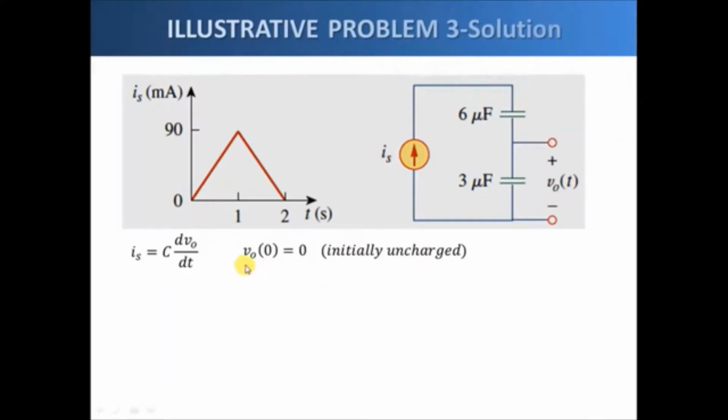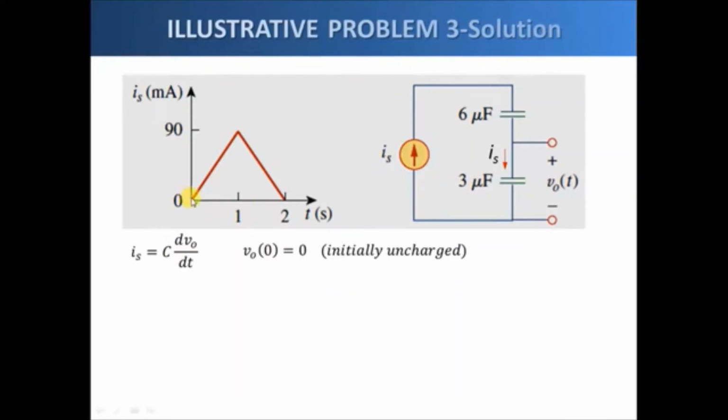Let's further assume that the 3 microfarad capacitor has no initial charge. What this equation really means is that we're multiplying the capacitance with the slope.